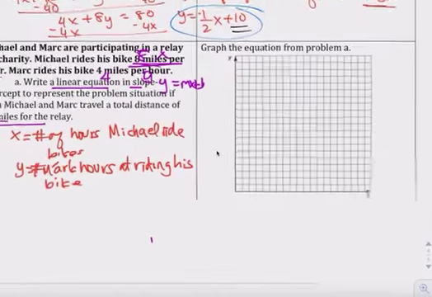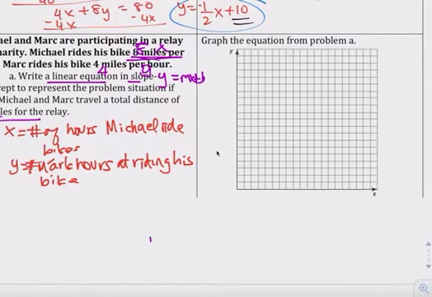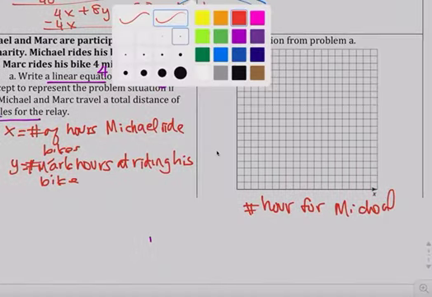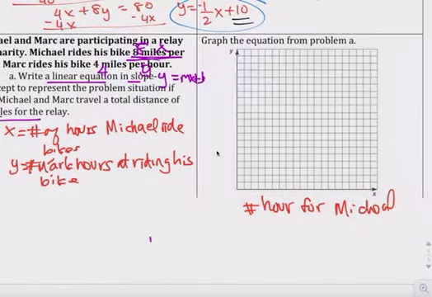Okay, this way you get X here is the number of hours for Michael, and Y here is the number of hours for Mark. Mark's hours.